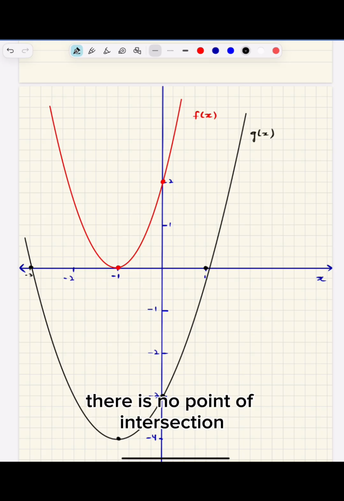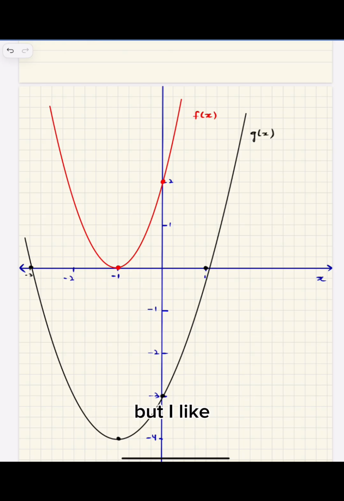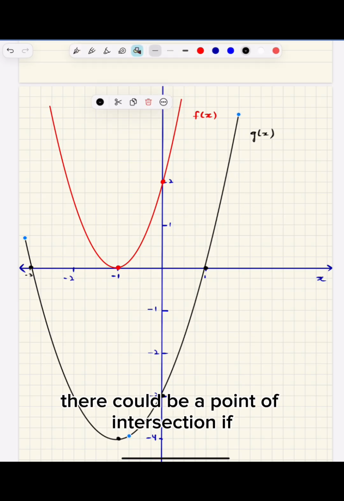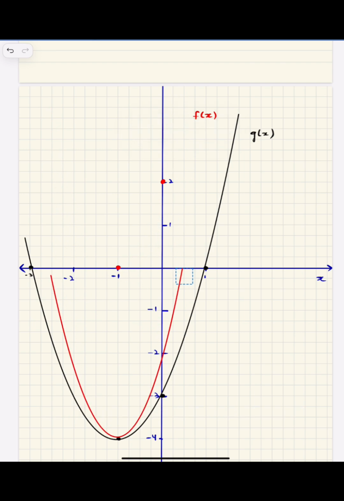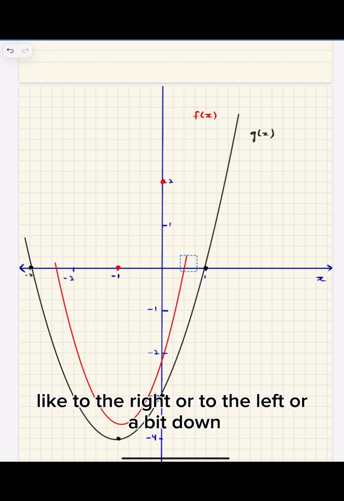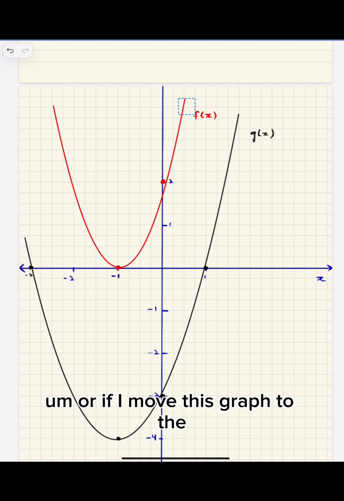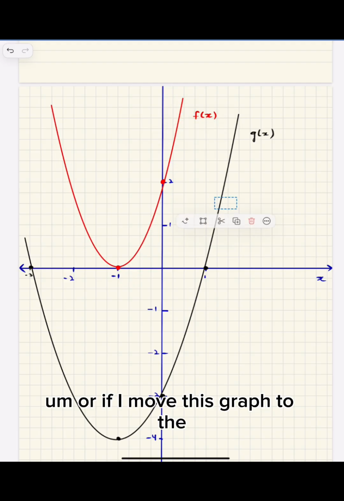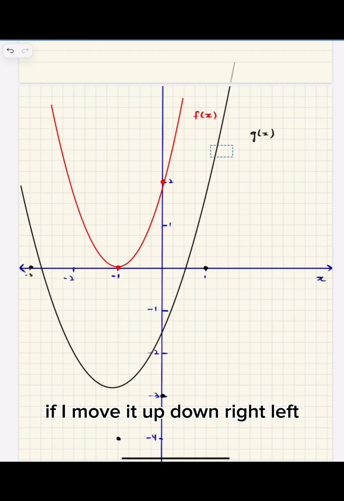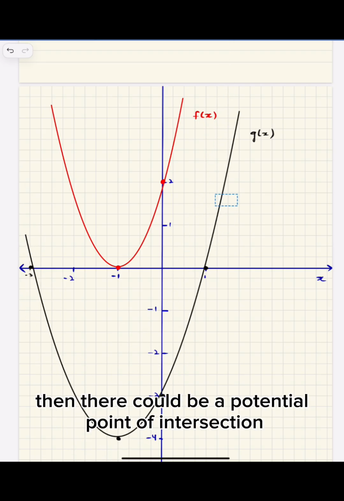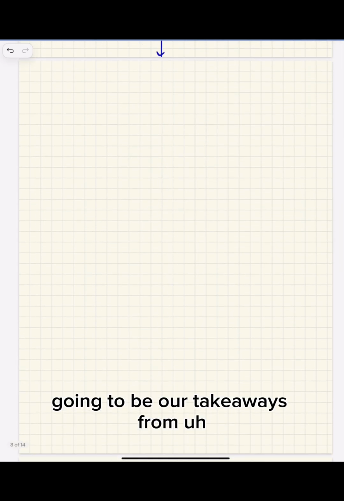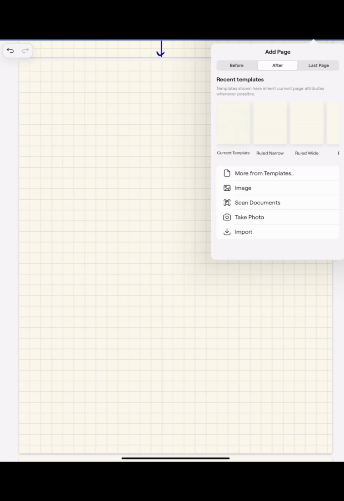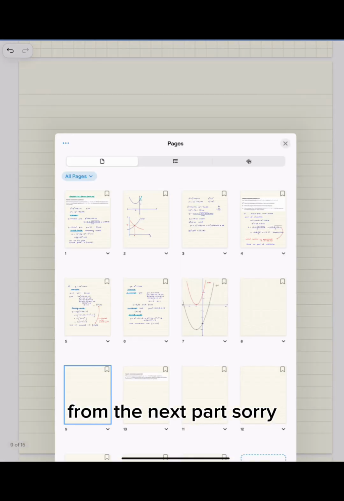As you can see, there is no point of intersection, but there could be if, for instance, I move this graph to the right or to the left or a bit down, or if I move it up, down, right, left, then there could be a potential point of intersection. So I think that's going to be our takeaway from the next part. Sorry, I added an unwanted graph.